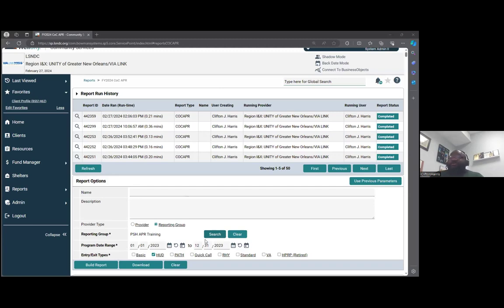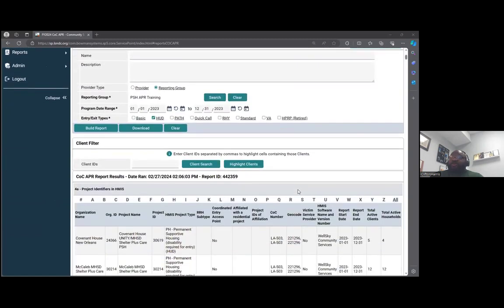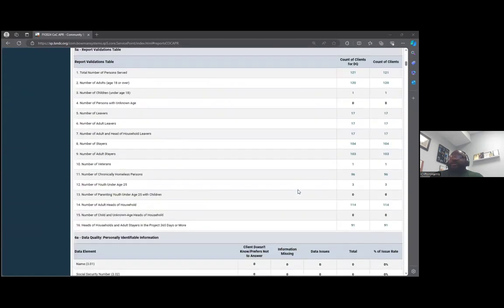So yeah, ran report, calendar year 2023, HUD as the type. And so the APR that's actually on the HUD site has questions that are not in this upload.